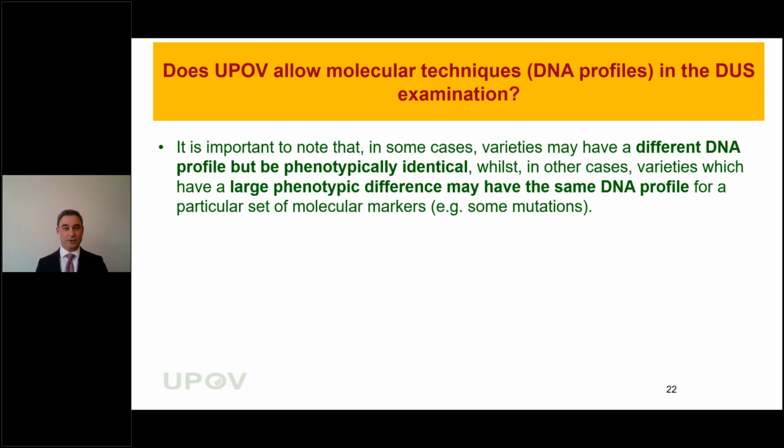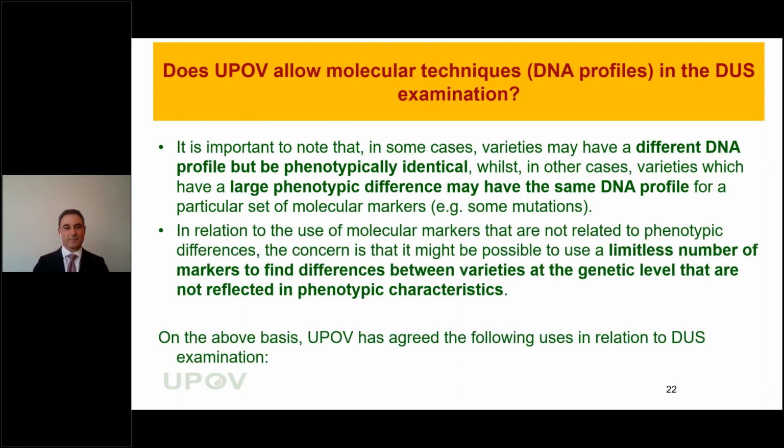And you can also imagine the other way around, where varieties are visually very different, but you may not be able to find the site of mutation, the difference, using a given set of molecular markers. So this may be the case for certain mutants.